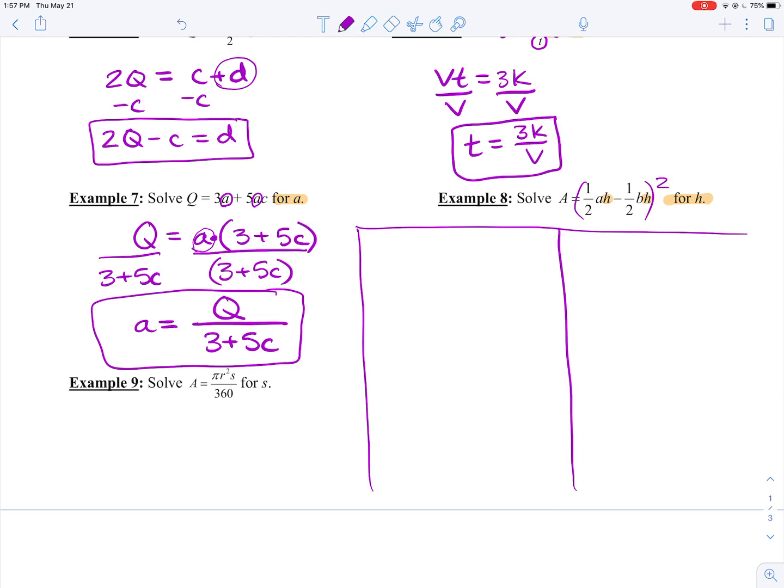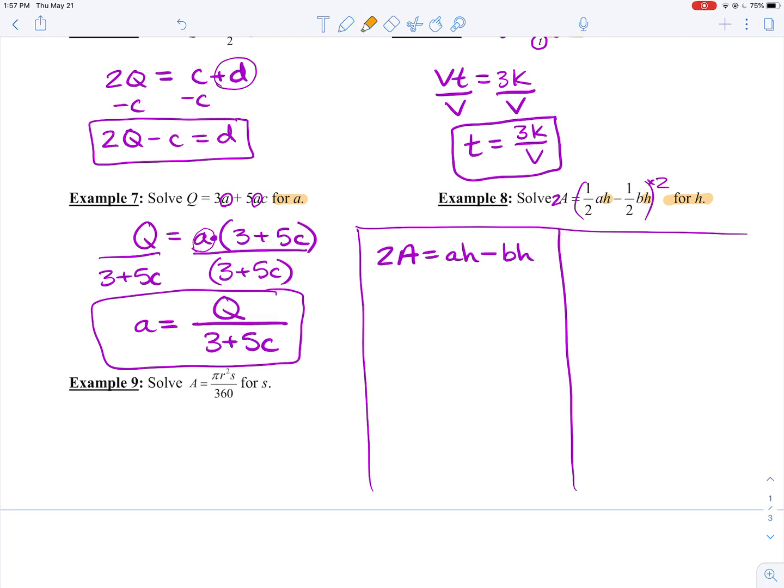If I multiply everything on this side by 2, and this is multiply, not raised, I have to multiply everything on the other side by 2. So I'm going to get 2A equals AH minus BH.